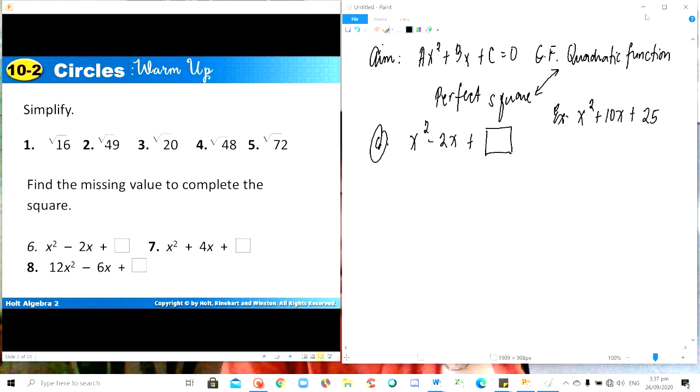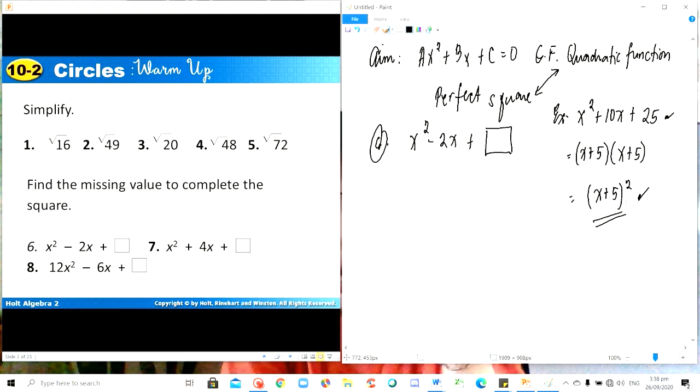This is a quadratic function which, when you factor it, you get x plus 5 and another x plus 5, or you can just write it in factored form as x plus 5 squared. So this is the perfect square that we are looking for, and this is its quadratic function form.